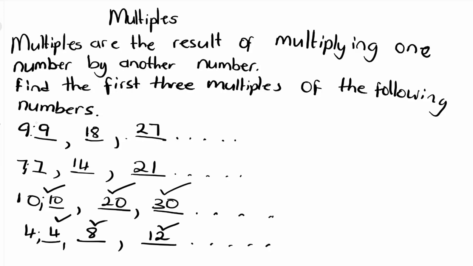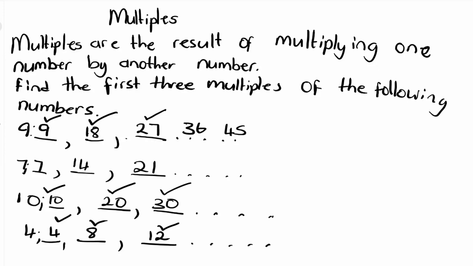So for example, 9 times 1 is 9, 9 times 2 is 18, 9 times 3 is equal to 27, right? And then you could obviously go further than that and say 9 times 4 would give you 36. Go further than this still and say 9 times 5 would give you 45. Right? And you could just go on like this forever without ever stopping, right?